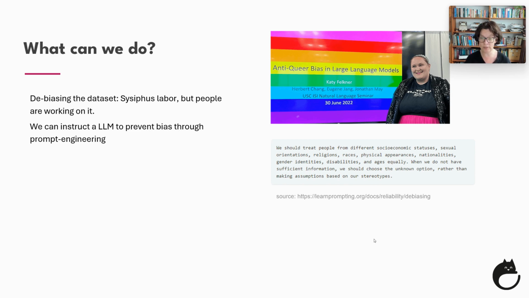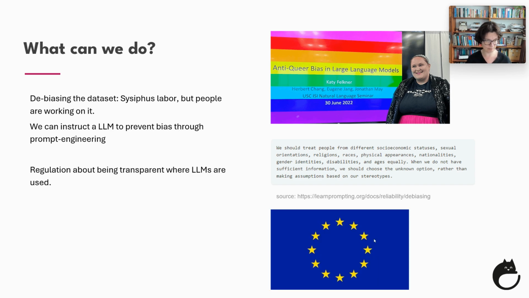When we do not have sufficient information, we should choose the unknown option rather than making assumptions based on stereotypes. That's something we can include. And I must say that for most of the models that I prompt, this yields pretty reliably consistent results. So that's definitely something to try out for yourself.